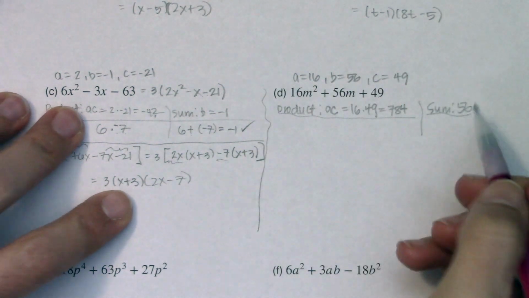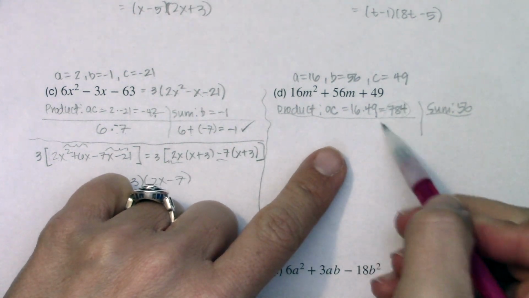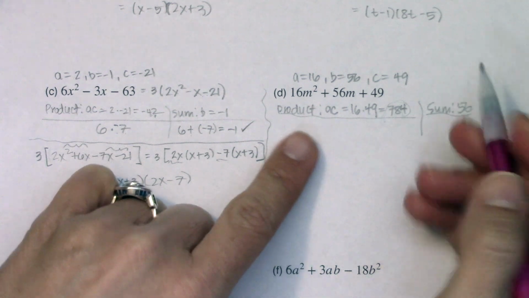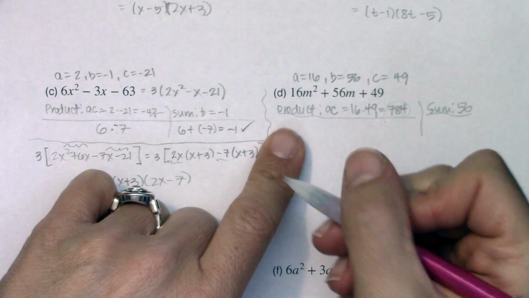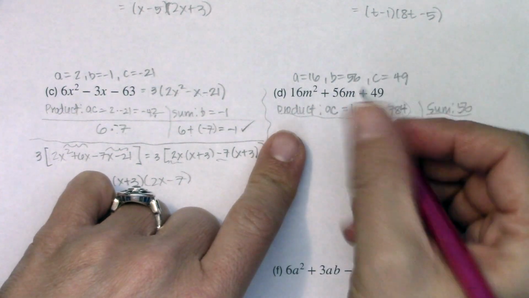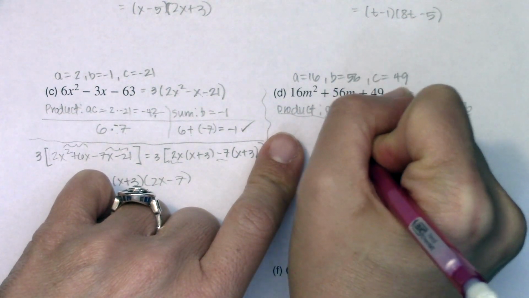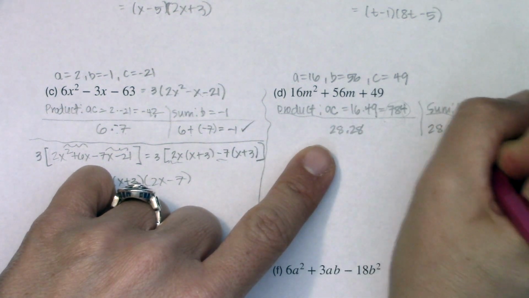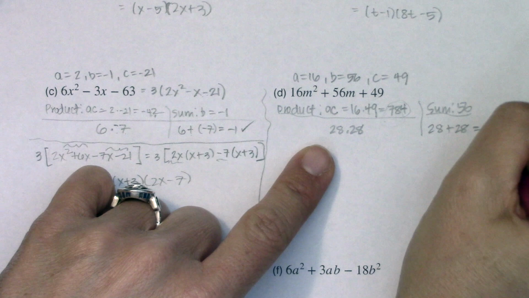This will come down to, do you recognize this number as a perfect square? You may or you may not, and it's okay if you don't, but you could go through all the numbers that divide into 784, and there are a ton. But eventually you're going to see that 28 times 28 is 784, and 28 plus 28 is 56.